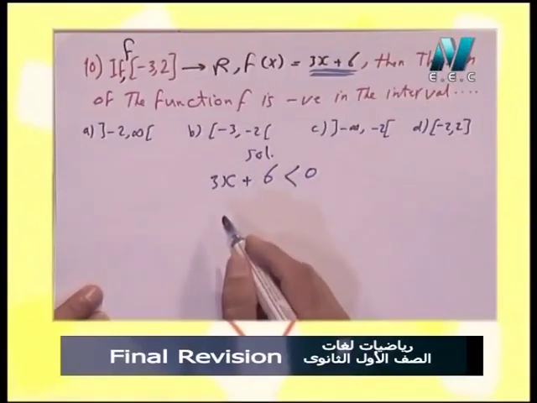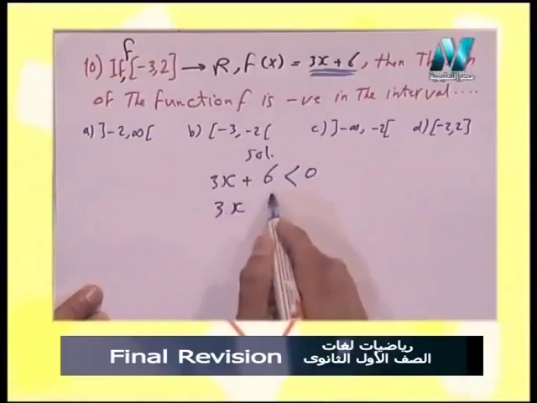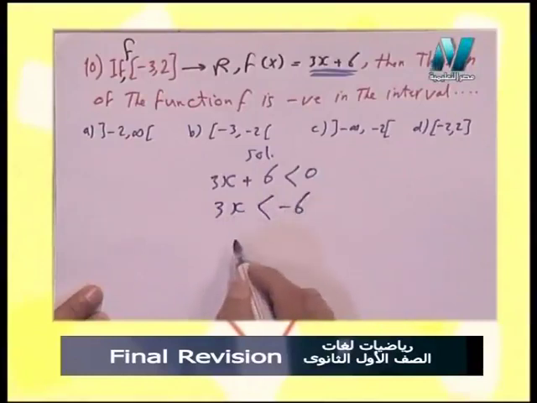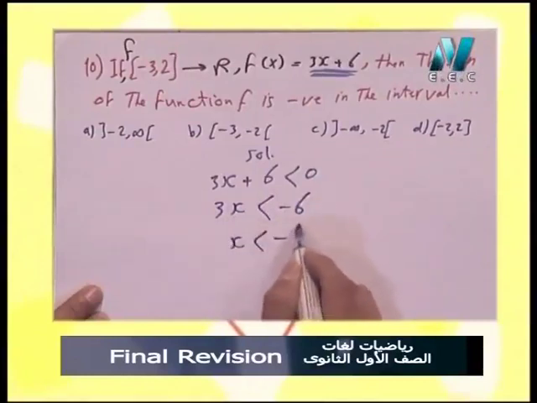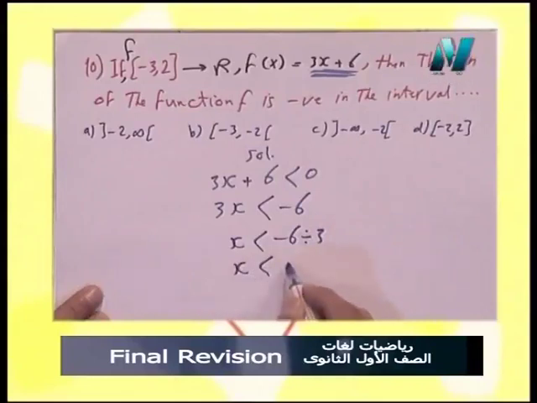And we will try to solve this inequality. 3x will be less than negative 6. X less than negative 6 divided by 3. So x less than negative 2.